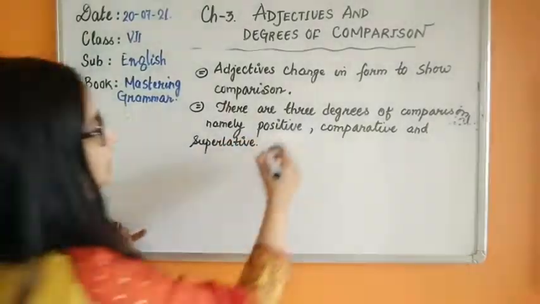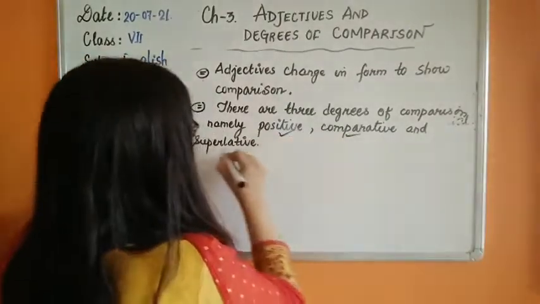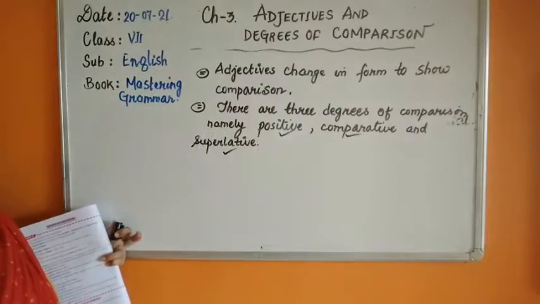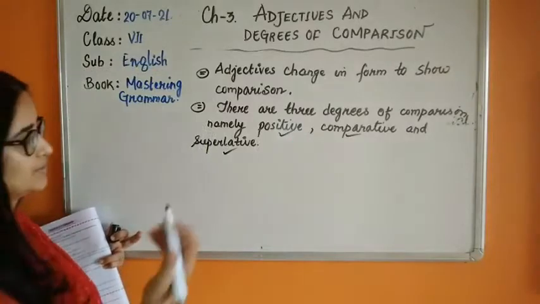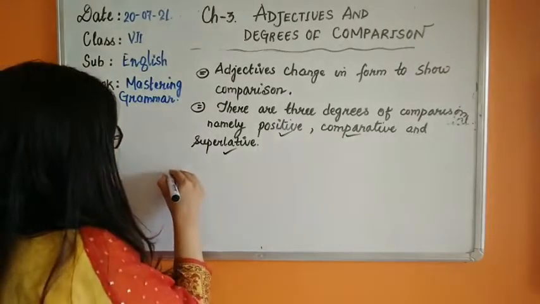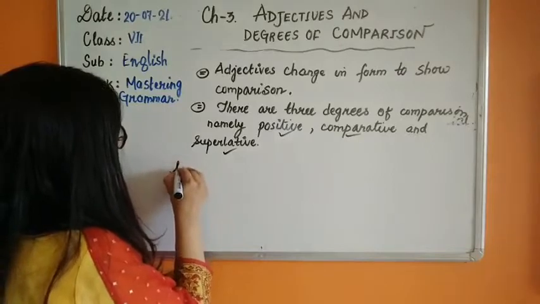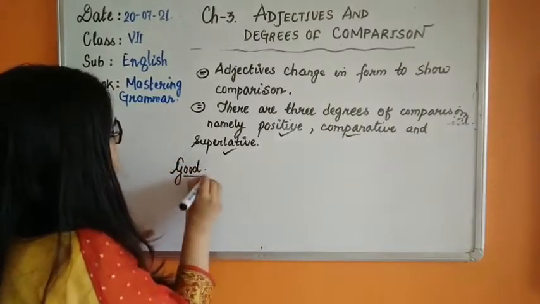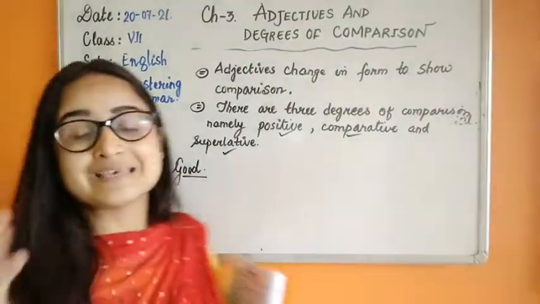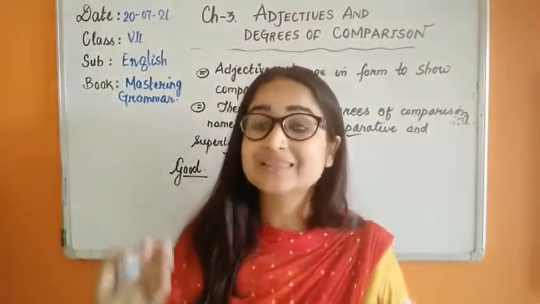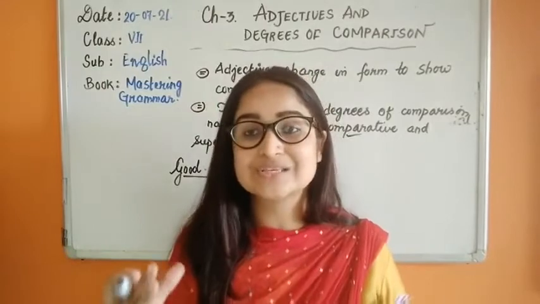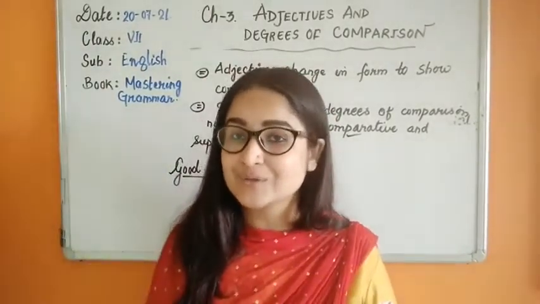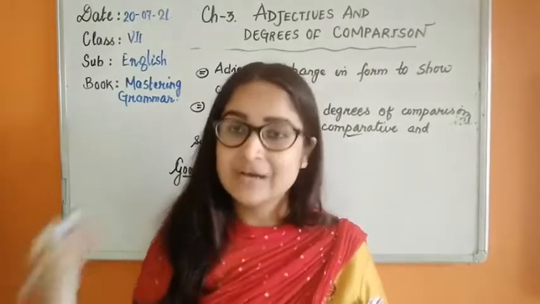So the 3 kinds are positive, comparative and superlative. Okay. So how to distinguish between them? Suppose I use the word good. So here I can say he is a good boy. When the adjectives are used in their basic form, then we know that they are in which degree? They are in positive degree.